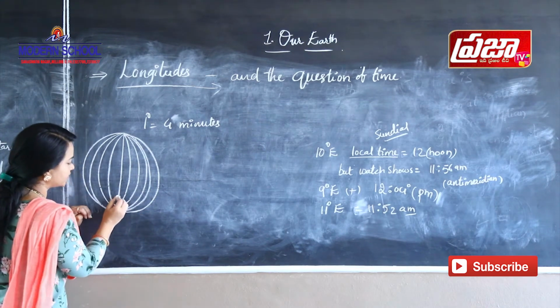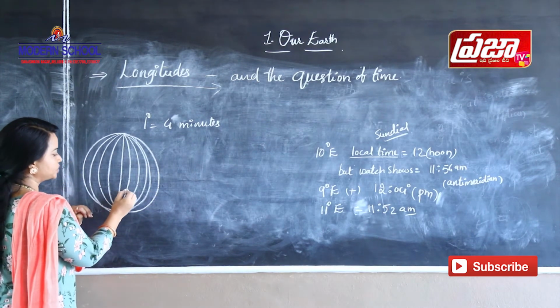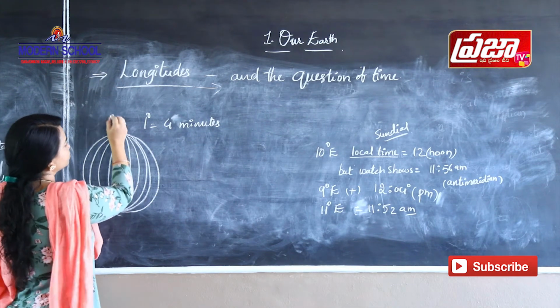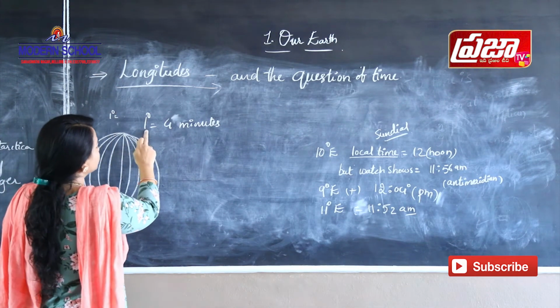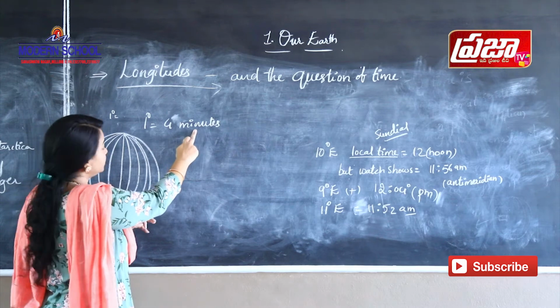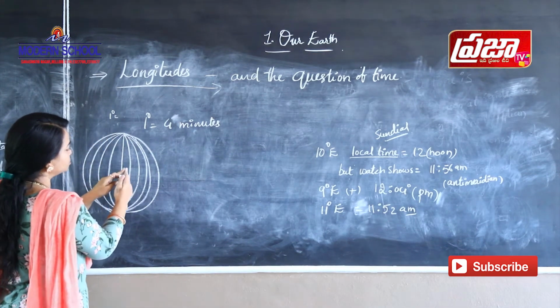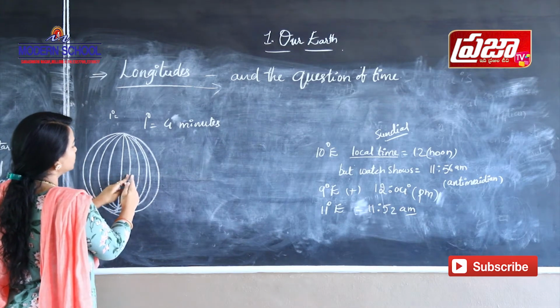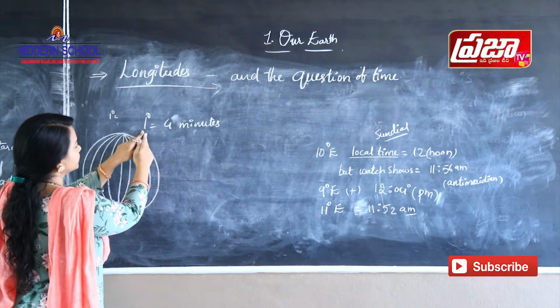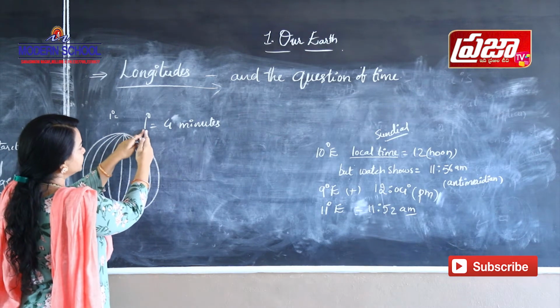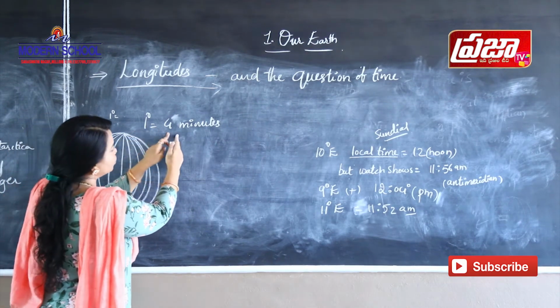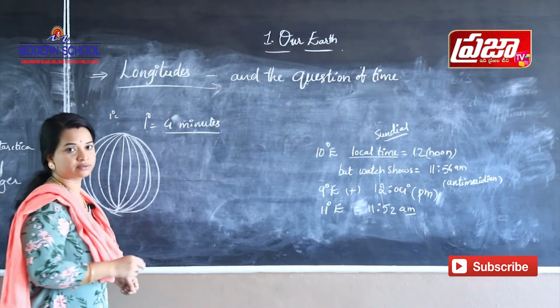So, for the sunlight to move from one longitude to another longitude, that is 1 degree, it takes 4 minutes. Understand here? To move the sunlight from one longitude to another longitude, the difference is 1 degree. So for the sun to move 1 degree, it takes 4 minutes.